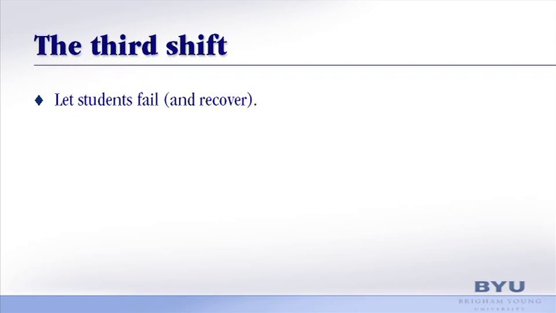But also, just to make sure that we don't get to the end of the semester and you say, I've done my job because I failed all my students, you also give them opportunities to recover, right? But it's that failure that signals to them that something's not working in their model.